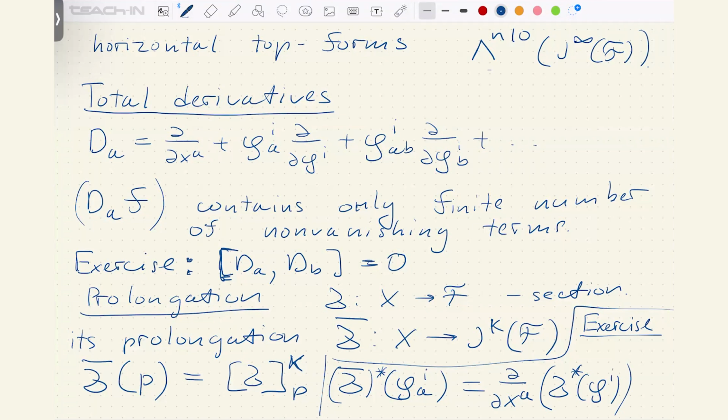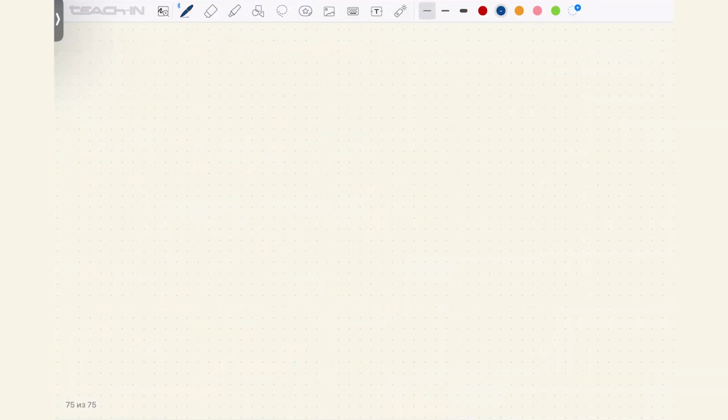So this is quite an important point to understand, that if we just leave on our jet space all these coordinates φ^i, φ^i_{A1}, whatever, they are just independent coordinates on the fibers of our jet bundle.